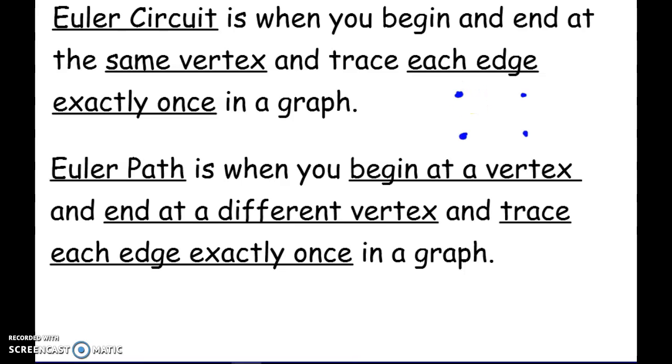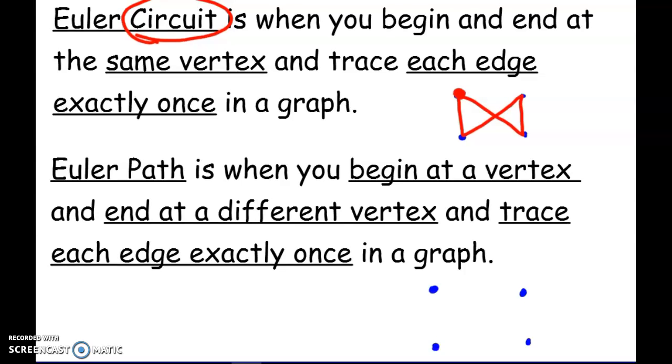So for example, if you had 4 dots here, and you wanted to connect them, you want it to end back up at the original, that's called an Euler circuit. An Euler path is when you begin at a vertex and end at a different vertex, but trace everything exactly once in a graph.